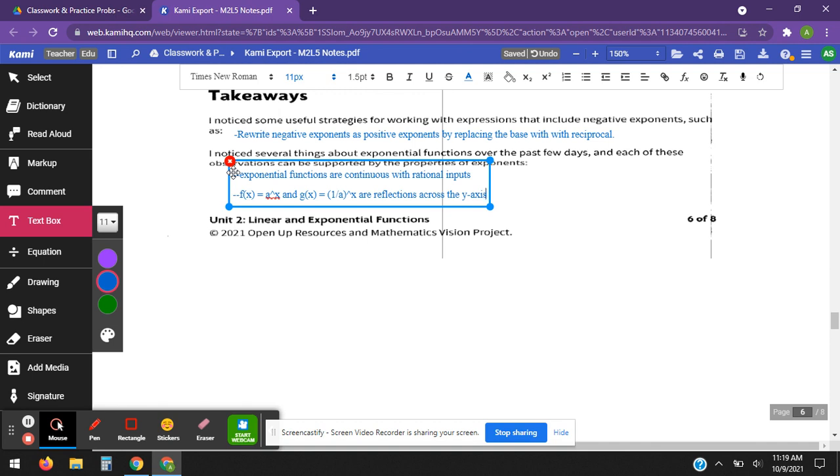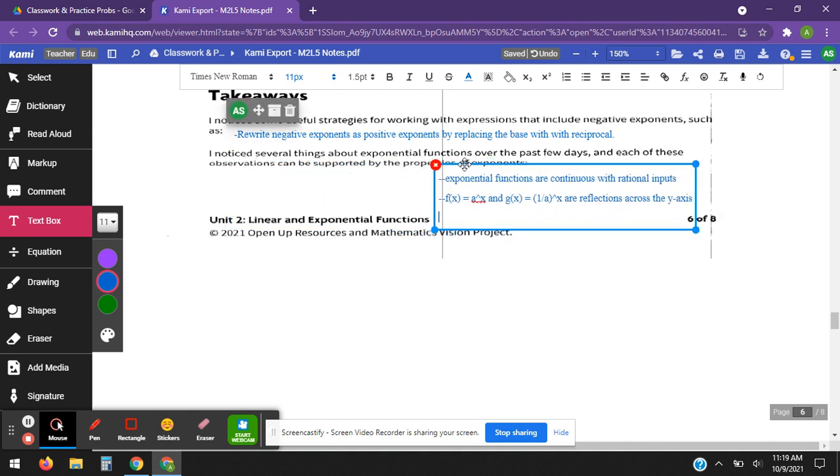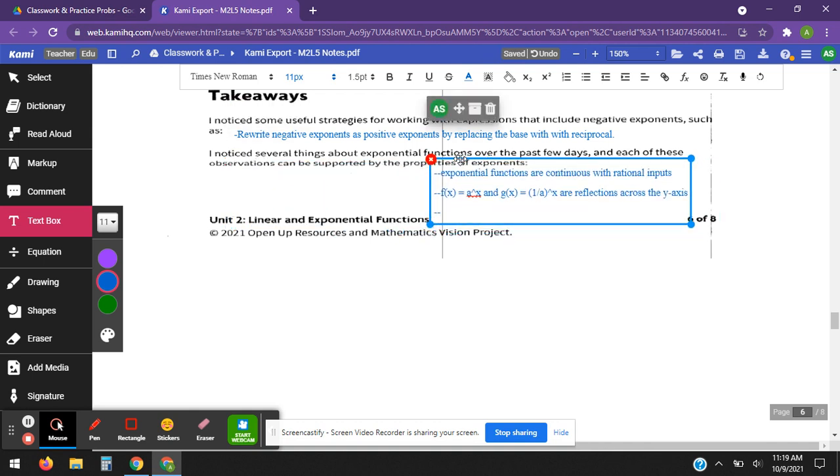And vice versa, right? So let's see, can I fit that in here? Let's scoot this guy over here so I got a little more space. So then f of x equals a to the negative x, and g of x equals 1 over a to the x are reflections across the y-axis.